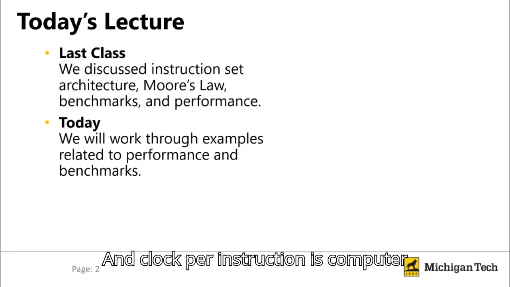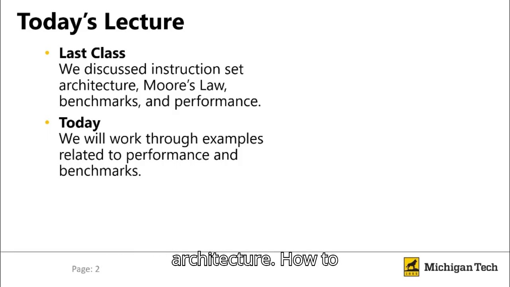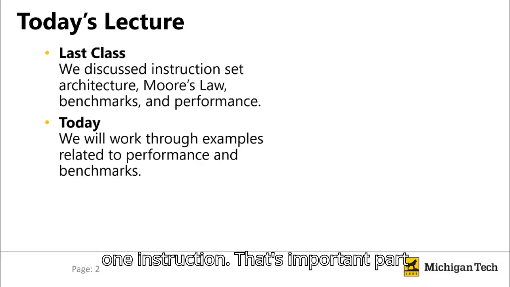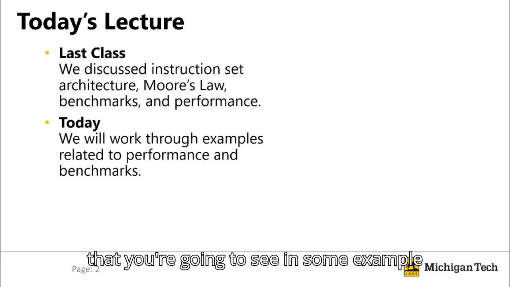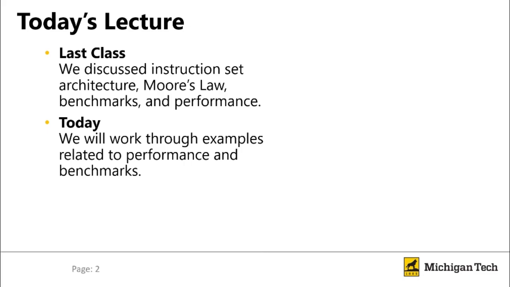And clock per instruction is computer architecture, how to design hardware that can execute one instruction faster. That's an important part that you're going to see in some examples today.